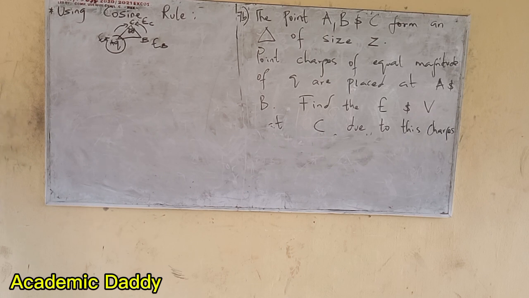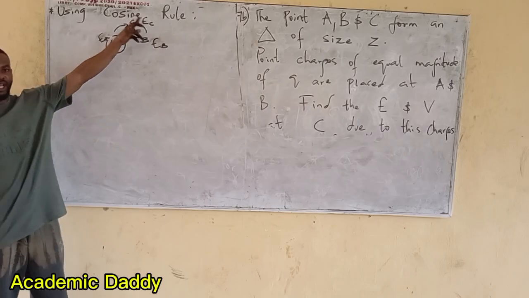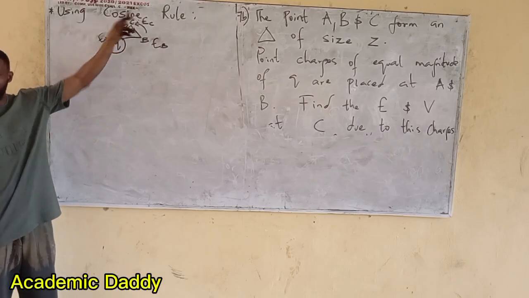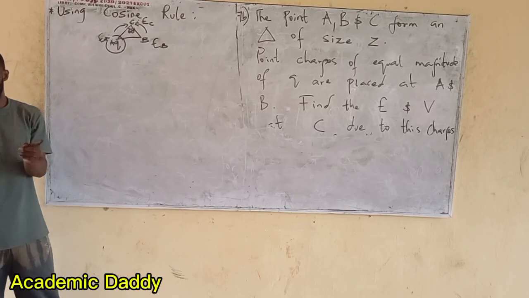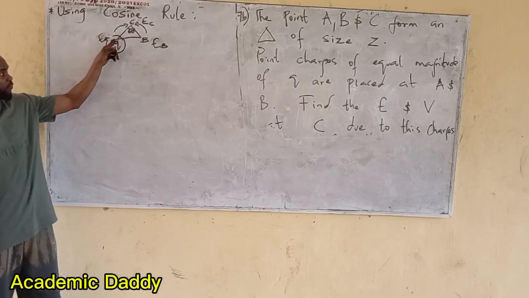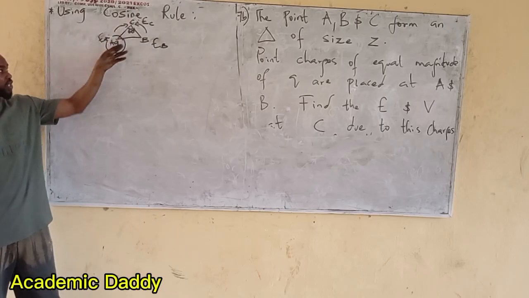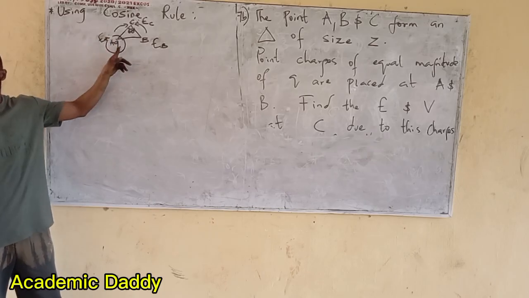Remember we said we use field lines to show the movement of electric field. If you remember, what I'm using here are field lines. I'm using field lines to show you how it's moving. Anywhere you see field line, it means that electric field can be there. Your electric field is moving from here to this place. Somebody might want to say, why is the electric field not one place, since the charge is one place?